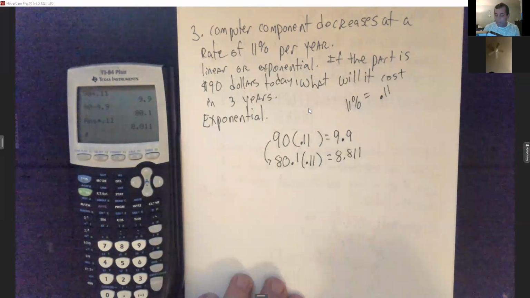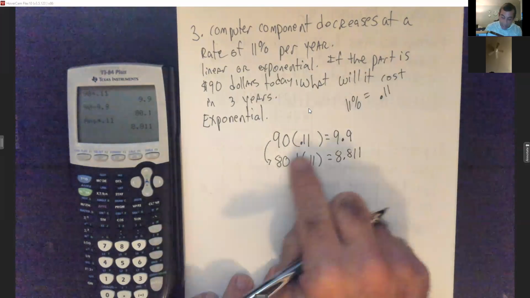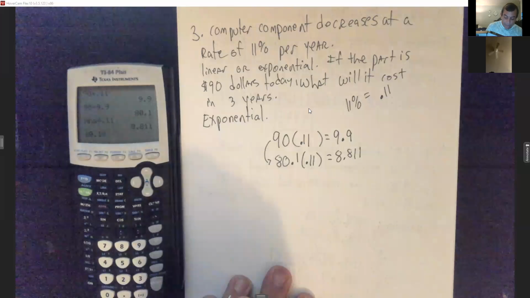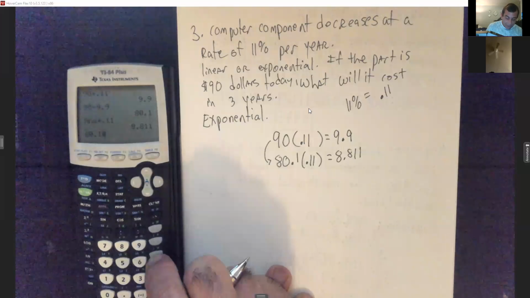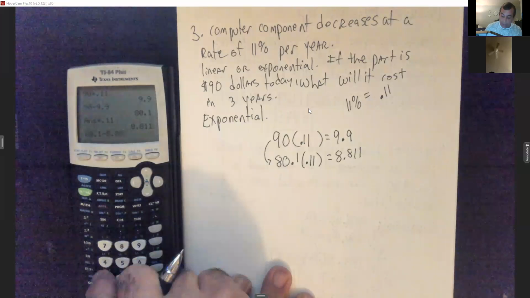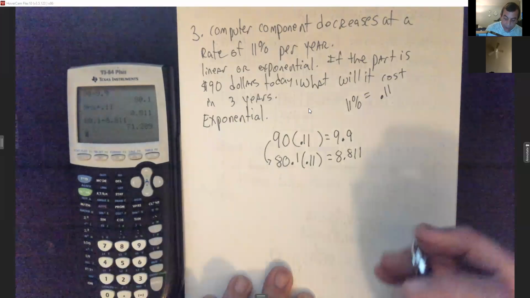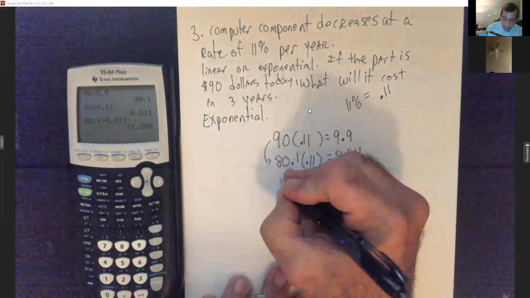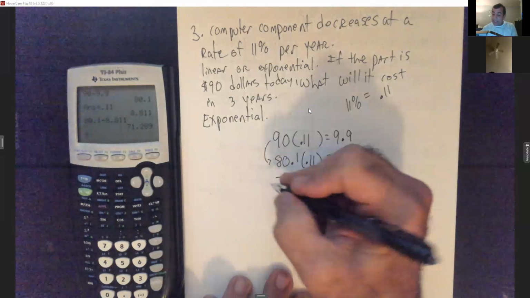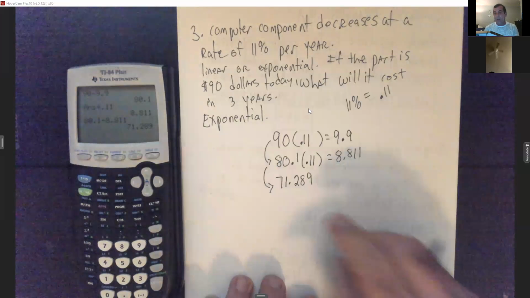Remember, we got to subtract that from the 80.1. So 80.1 minus 8.811 is going to give us a new total of 71.289. Y'all, I'm just leaving all my digits till I get to the end, then I'll round this off, okay?